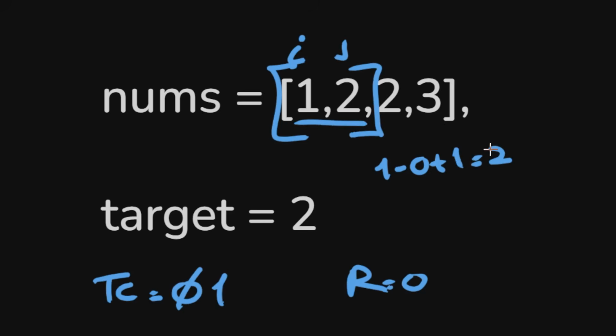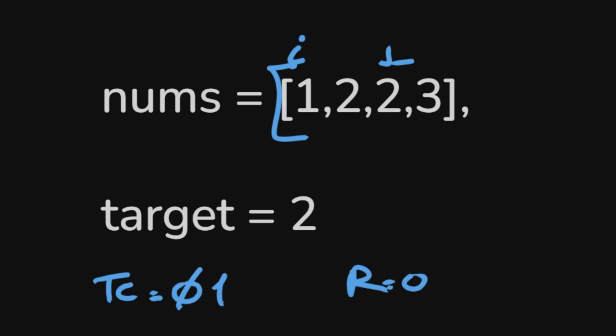So, we can check if the target count is strictly greater than the number of elements divided by 2, and if so, we add 1 to the result. Here, the total number of elements divided by 2 is equal to 1. So we need more than 1 in target count, and we have exactly 1 number 2, so the result stays at 0 and we move the j pointer.